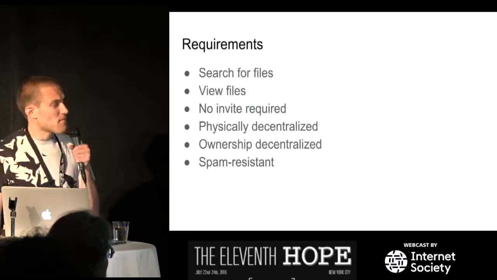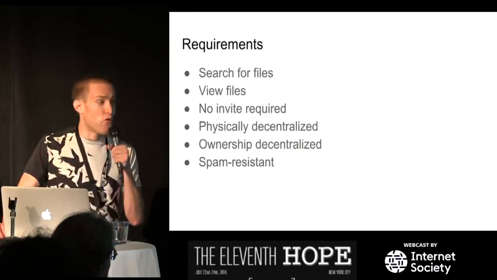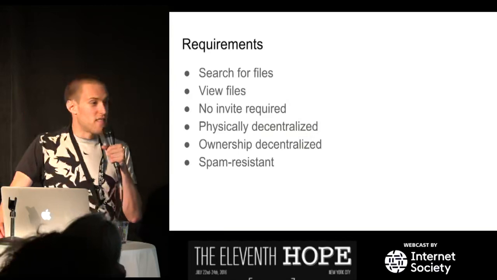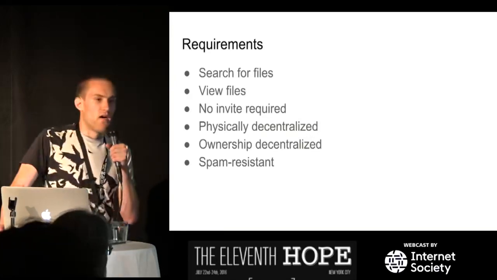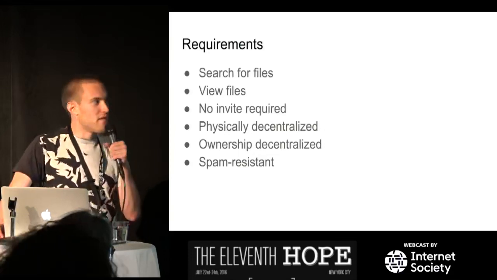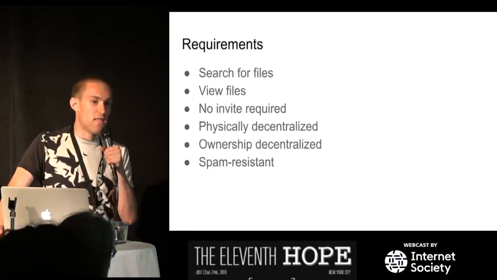There's no invite required. The network's already physically decentralized because Bitcoin's physically decentralized, and the only real way I'm connecting computers together is in a swarm. And also the ownership is decentralized.